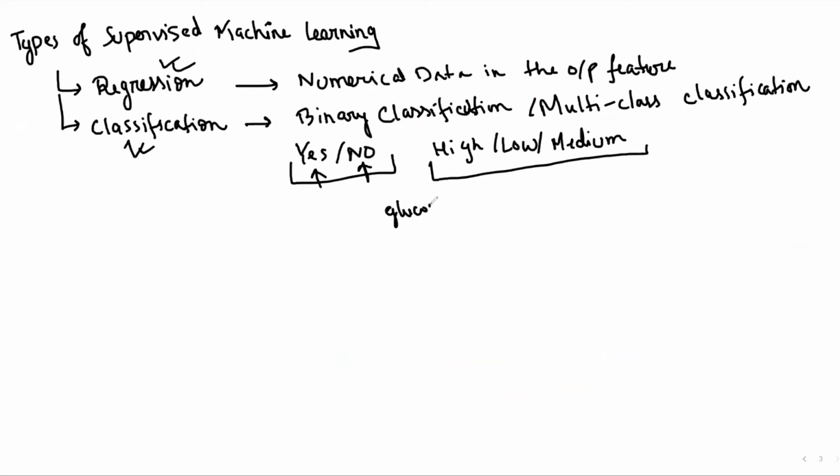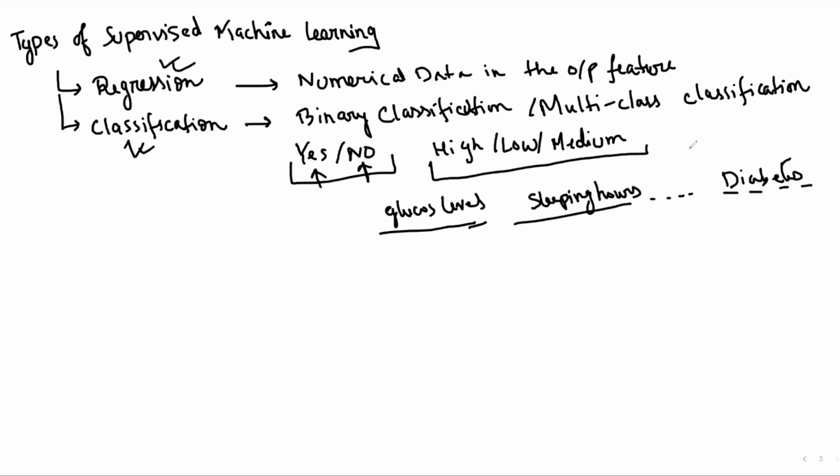Glucose level is one feature, sleeping hours may be another feature, and there will be other input features, and then diabetes is the output feature.